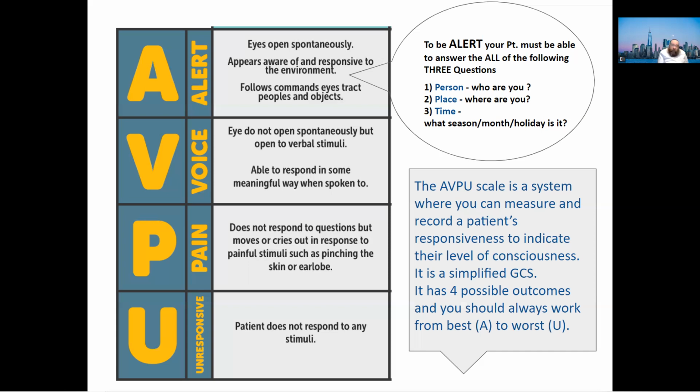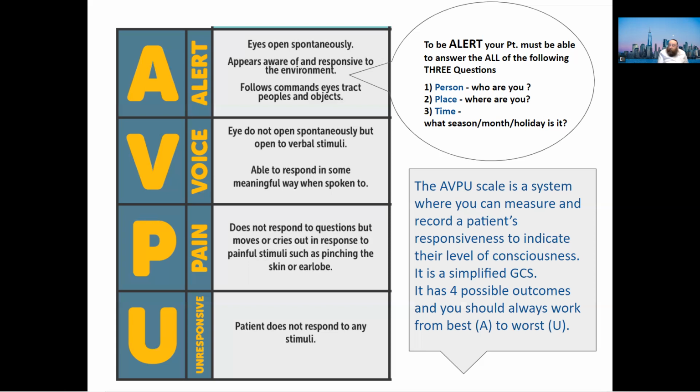Question 2 is place. Where are we? Are we in your apartment? Are we in the back of an ambulance? Are we in Yankee Stadium? Where are we? All right. So this is place. And the third question is anything to do with time. You don't ask them what is the time and never ask what is the date, because high functioning CEOs of companies don't necessarily know the date on any given day.